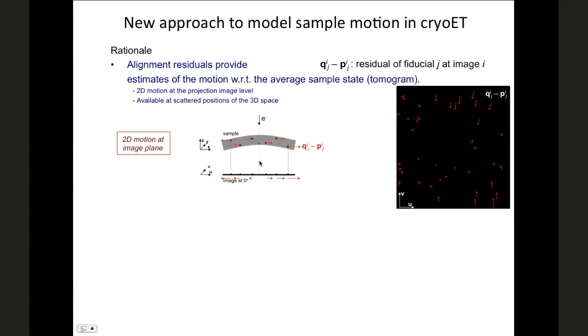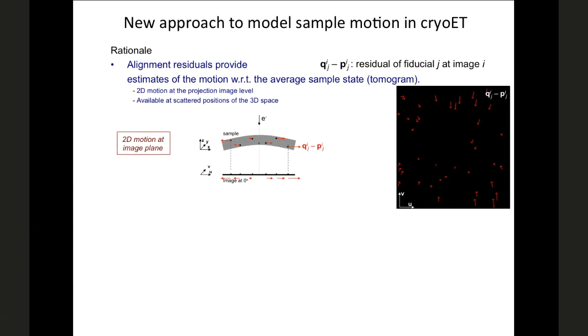So in summary, what I'm trying to say is that the residual can give us an estimate of the motion observed at the image plane, and we have these estimates at scattered positions of the 3D space of the tomogram. And we have all of these for every image in the tilt series.